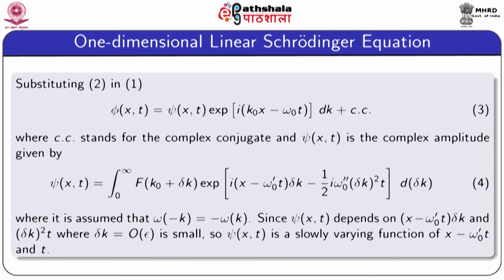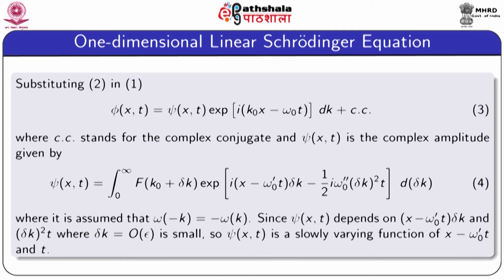If we see the expression for psi which is written in equation number 4, it depends on (x minus omega 0 dash t) into delta k and delta k square into t, where delta k is of order epsilon.